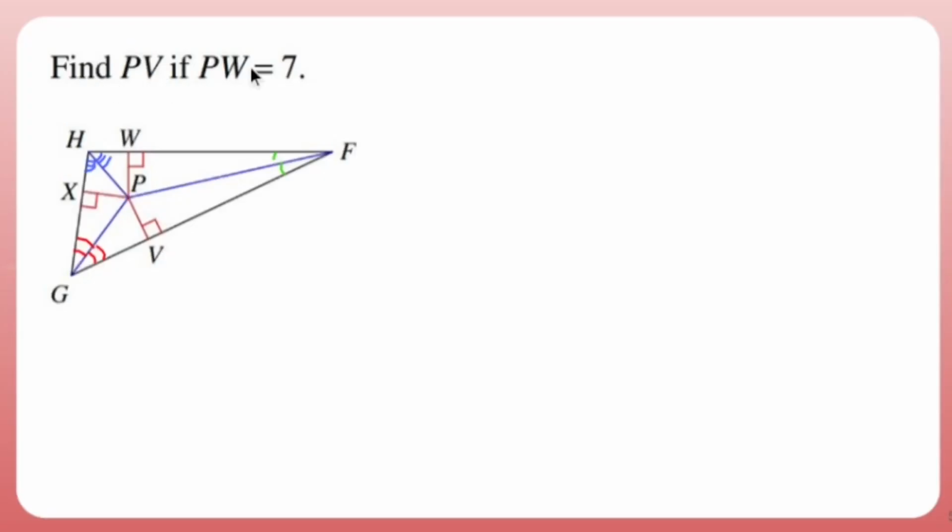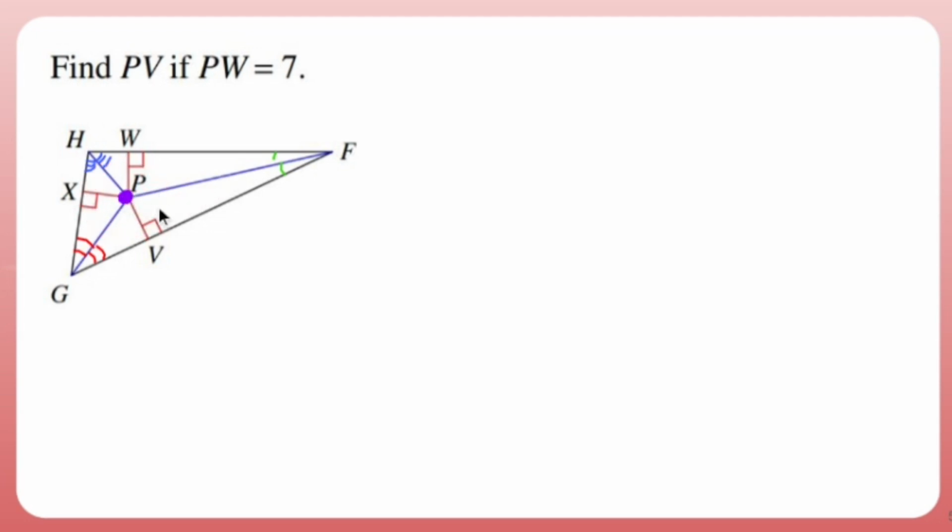Find PV if PW is 7. Now, I had to add the little lines here because I forgot to put the rest of the directions. These are all angle bisectors. You're an angle bisector, you're an angle bisector, you're an angle bisector. If you have the 3 angle bisectors of a triangle drawn out, they meet at a spot called the incenter.